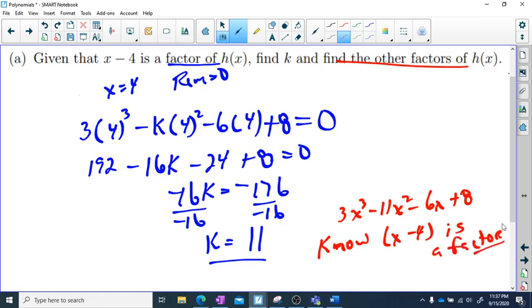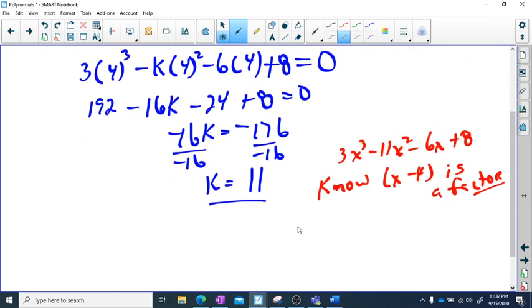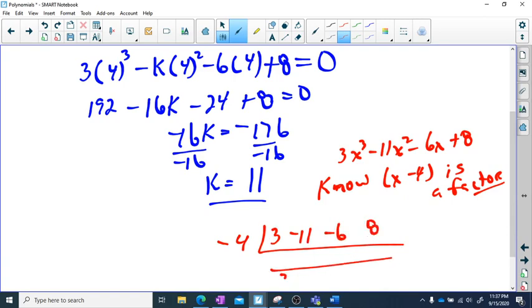So that saves the trial and error step at least. We go right to the division step. So now we're going to take 4 and divide it into the original. So 3, negative 11, negative 6, and 8. Bring down your 3, take away 12, 1, negative 4, minus 2, 8, good sign, equaled 0 for the remainder.